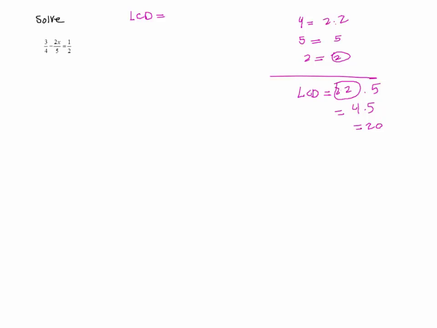So I would multiply each term by 20, or 20 over 1. I have 3 terms. If I multiply each term by the LCD, I would eliminate all the fractions, right?